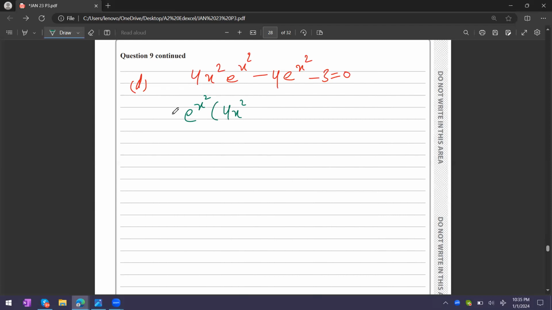Oh, you can take 4 also common here. So it is just x square minus 1 is equal to 3. We need to make this x the subject. We'll keep this x square here. 3 over, what's happening? Wait a second. Let me double check.